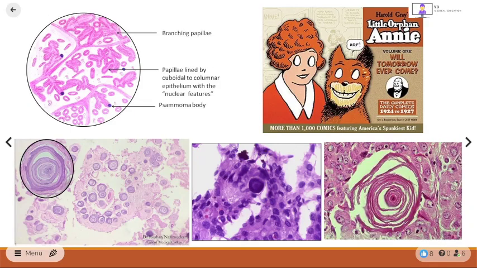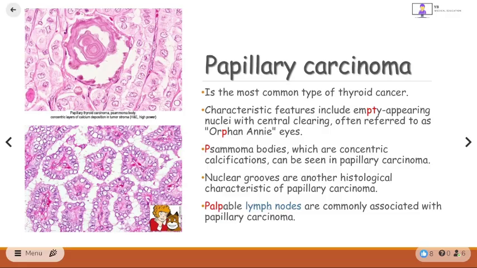Psammoma bodies are these whorled-appearing bodies, basically collagen deposition. And you also have nuclear grooves, which is basically, if you can see this nucleus here, a groove in the middle.